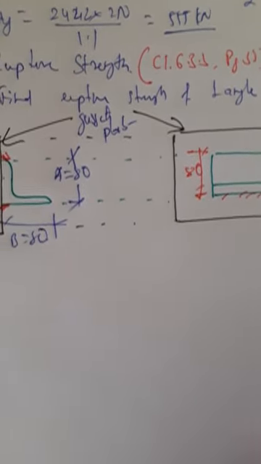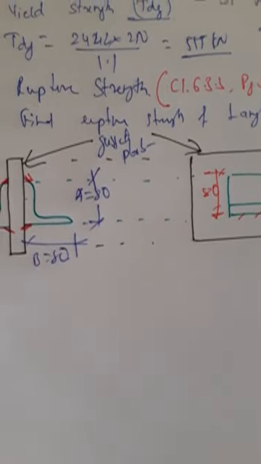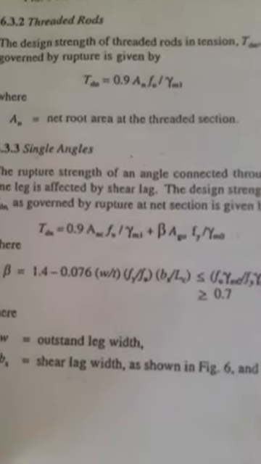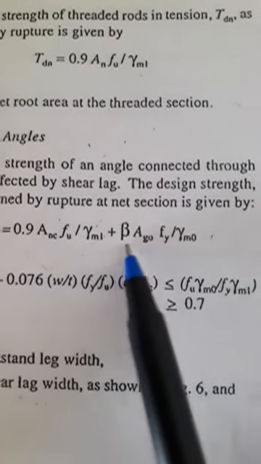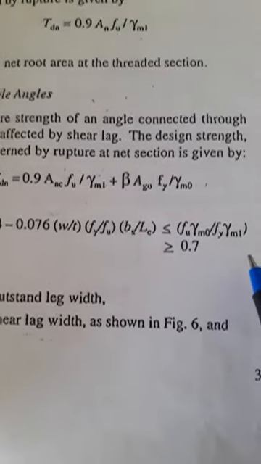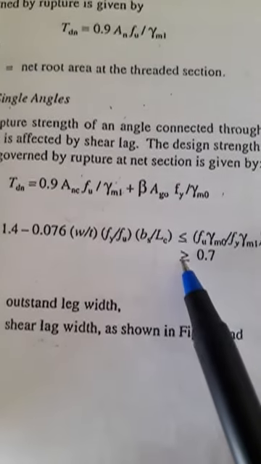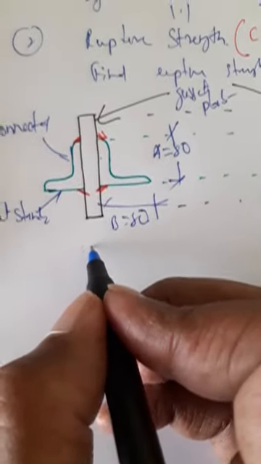So before we start with the analysis, always write the equations so that you will understand what the terms to be calculated are. So here if you look at Tdn, I have to find Anc, beta and Agо, and to calculate beta, this is the equation. So first write this equation.